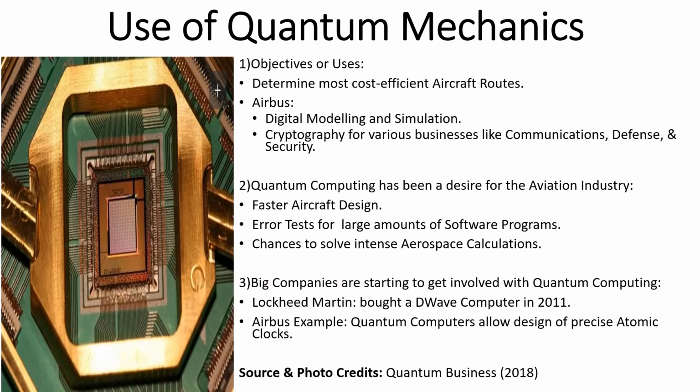Airbus especially has a big interest in cryptography applications and a variety of businesses such as communications, defense, and security. And quantum computers allow designing atomic clocks that are more precise for purposes of data transmission control, time controls, and more communicated information.